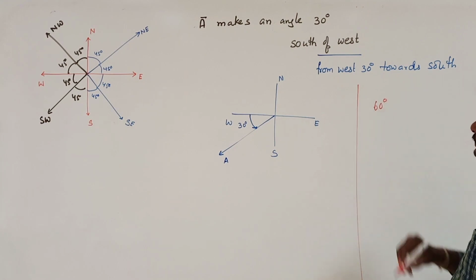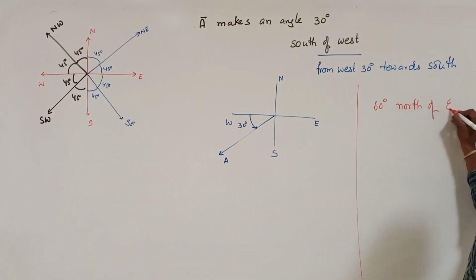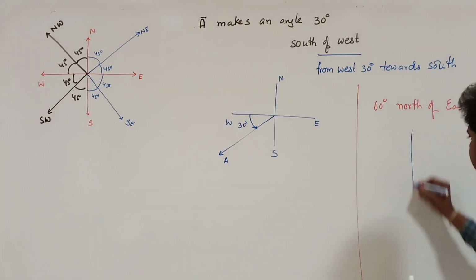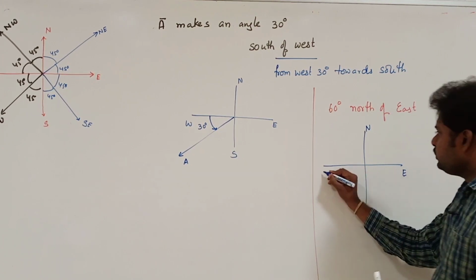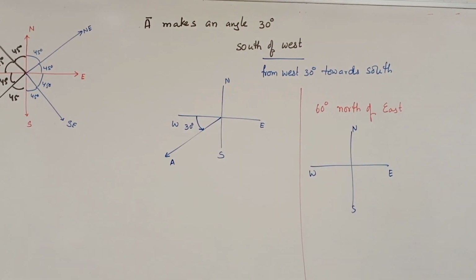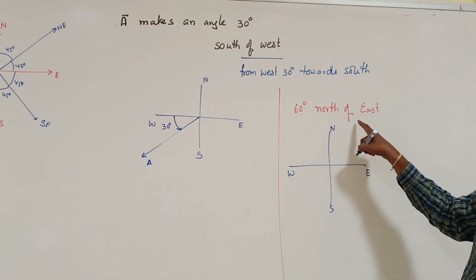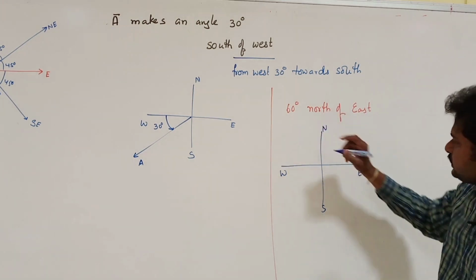60 degrees north of east. What is the meaning of it? From the east direction, you measure a vector 60 degrees towards the north direction. See, this is north, south, east and west. From east, 60 degrees towards the north.